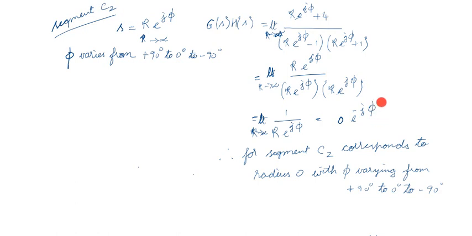Since R becomes 0, the radius is 0, and phi varies from minus 90 degree through 0 degree to plus 90 degree. Just a moment.